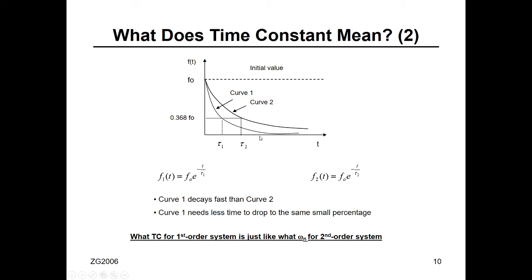If you have two different thermometers, number one you bought from the market, and number two you bought from a different shop. Thermometer number 1 has tau 1, thermometer number 2 has tau 2. Which one is better if you want to buy? Of course, number 1 will be better. Why? Because tau 1 is less than tau 2.